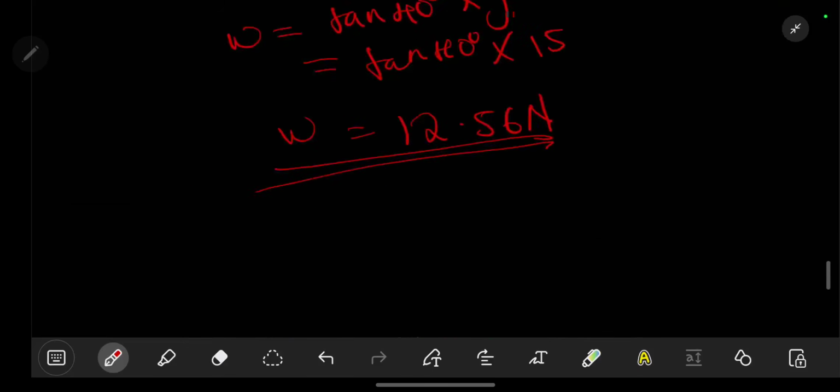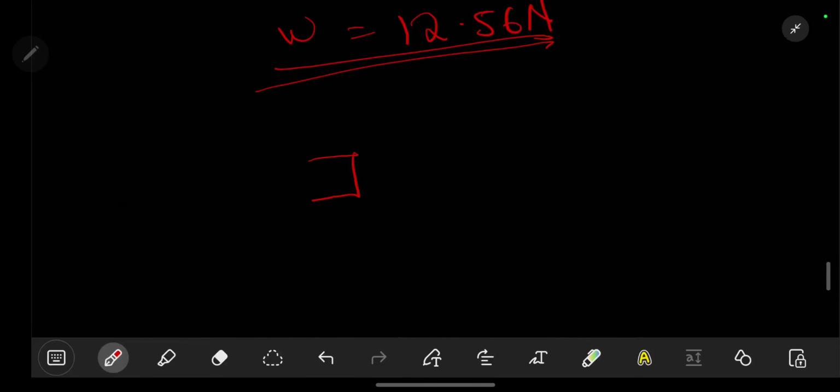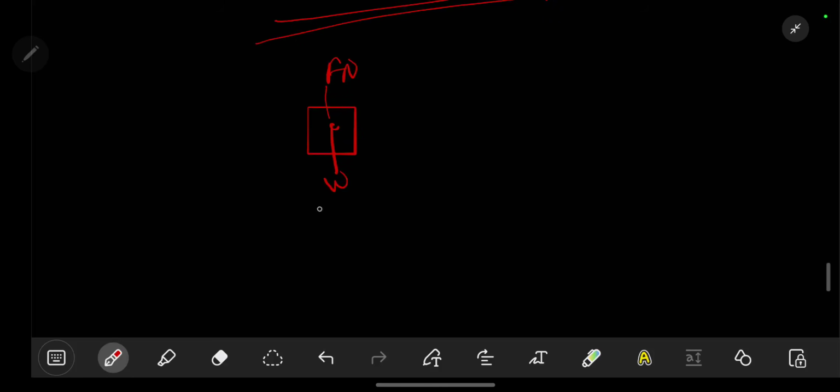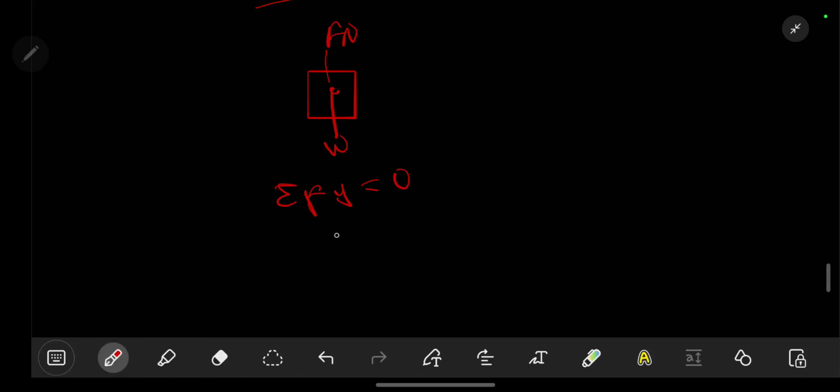Using this same principle, we have the weight and the normal force, then we say the summation of forces in the y direction is equal to 0. Then we have Fn minus W equal to 0.